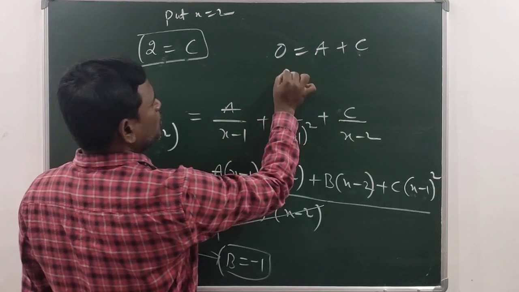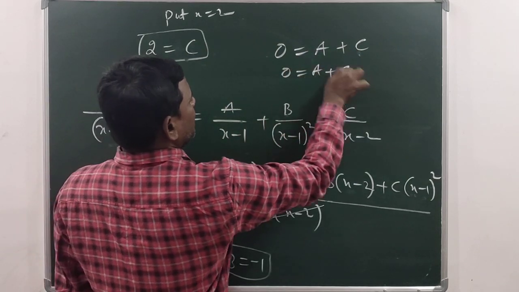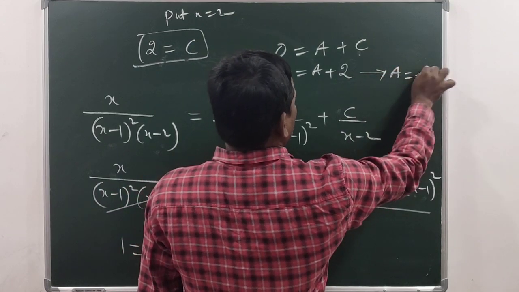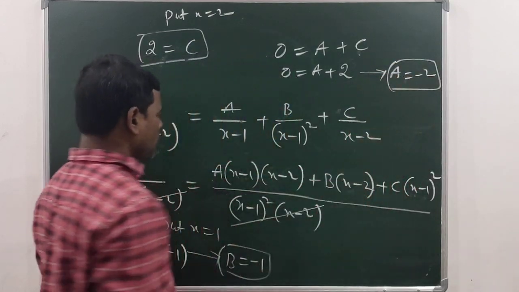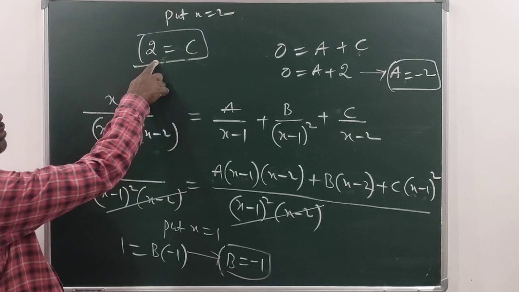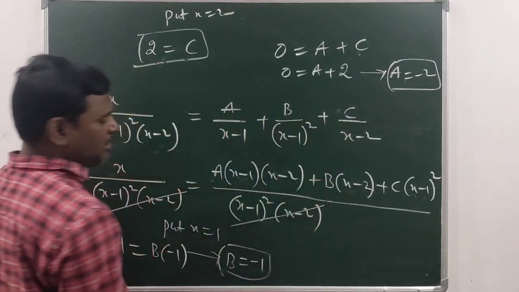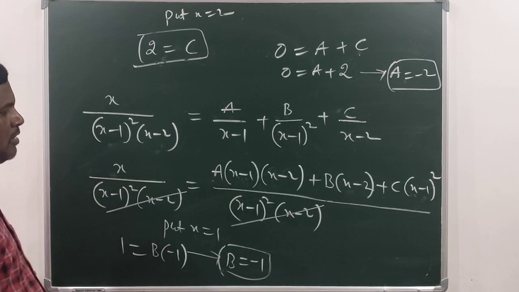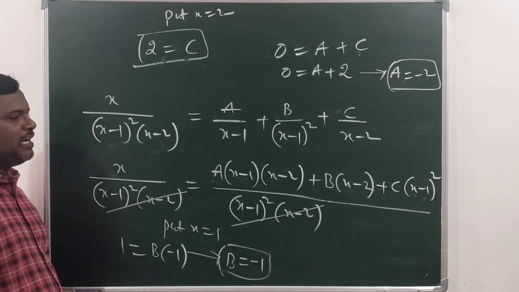If you write C as 2, then your A value is equal to minus 2. A you got, B you got, C you got. Now replace this A, B, C here. I hope you have understood till here.